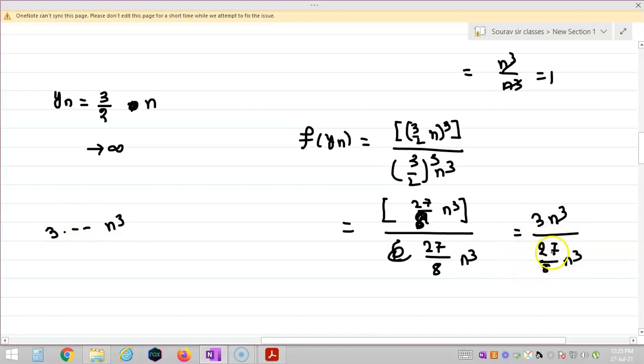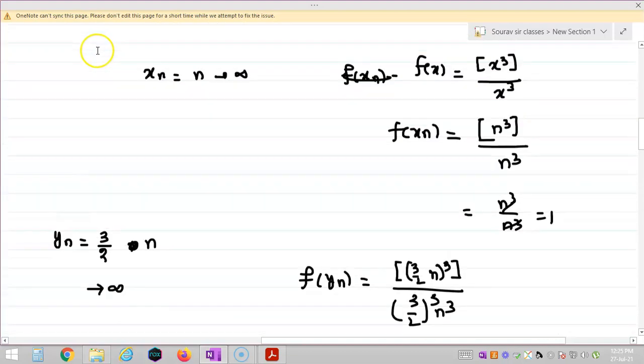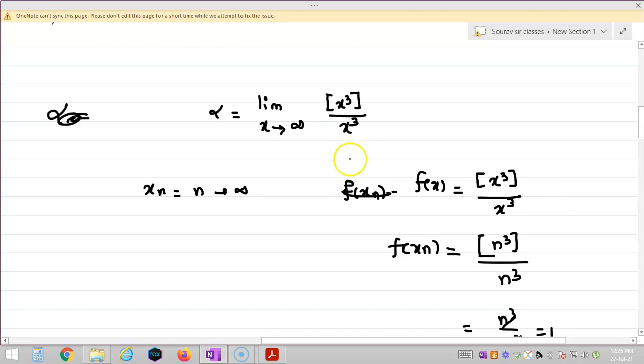Cancelling n cube with n cube and 3 with 27, I will get 8 by 9. So if we approach infinity by two distinct sequences and get distinct limits, then I can say that alpha does not exist, or the limit of this function does not exist.